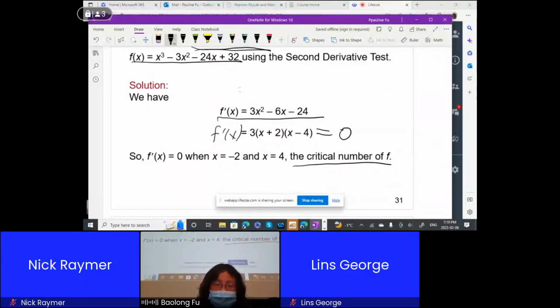By definition, critical numbers are the numbers that make the first derivative equal to 0. So from here, we know x equal to -2 and x equal to 4. Those are critical numbers because they make the first derivative equal to 0. Questions?